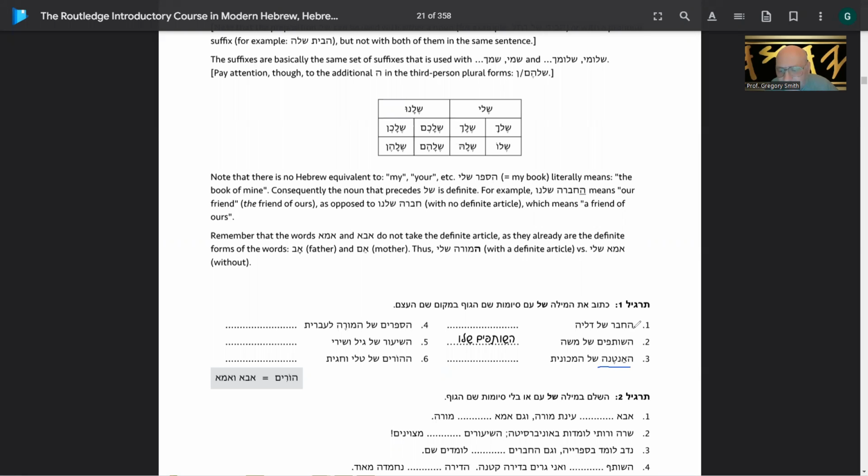Oh, the antenna. That's a transliteration right there. So it's like the antenna shel hamechonit, belonging to the car. So it's like the antenna on the car. That's like the radio antenna on some of the older cars, or even on the newer cars, they all have some kind of an antenna, even really short ones now that look kind of aerodynamic.